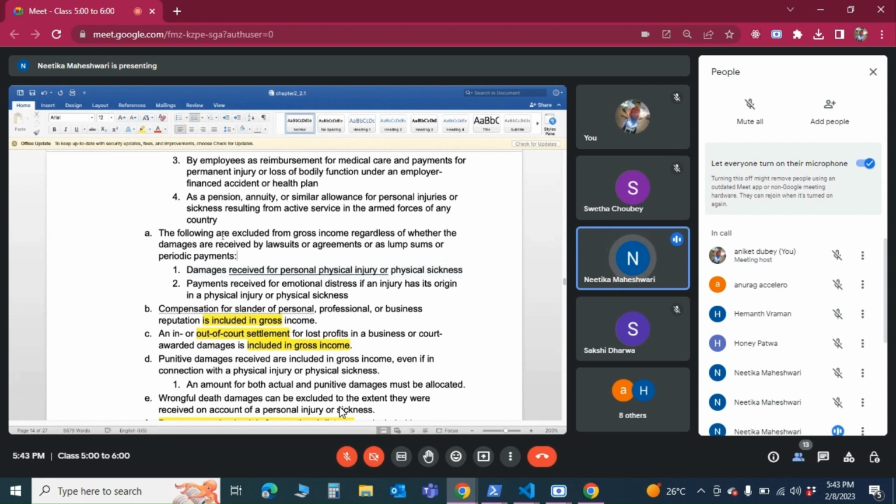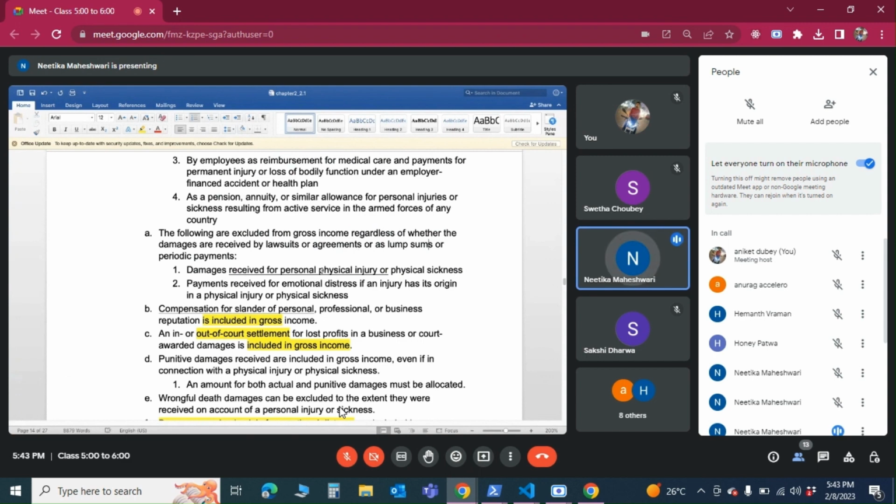Let me just read this. The following are excluded from gross income regardless of whether the damages are received by lawsuit or agreement. So it doesn't matter whether they are suing some company and getting it as part of the lawsuit, or as part of some agreement or out of court settlement, or as a lump sum or as installment payments. Doesn't matter.